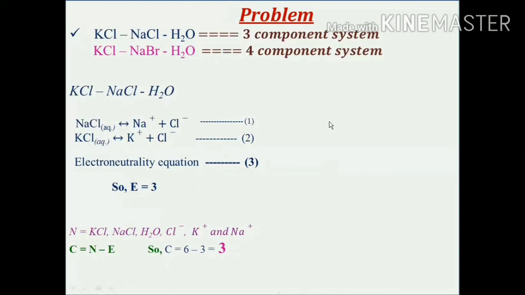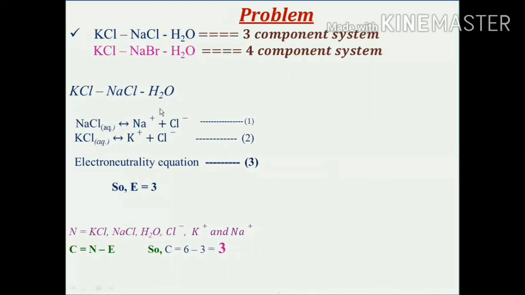So for the KCl, NaCl, water system, let me write down the chemical equations. How do we go about that? I write the system over here, and I start with each compound given to me. Let's say I start with KCl. KCl is present in my beaker.